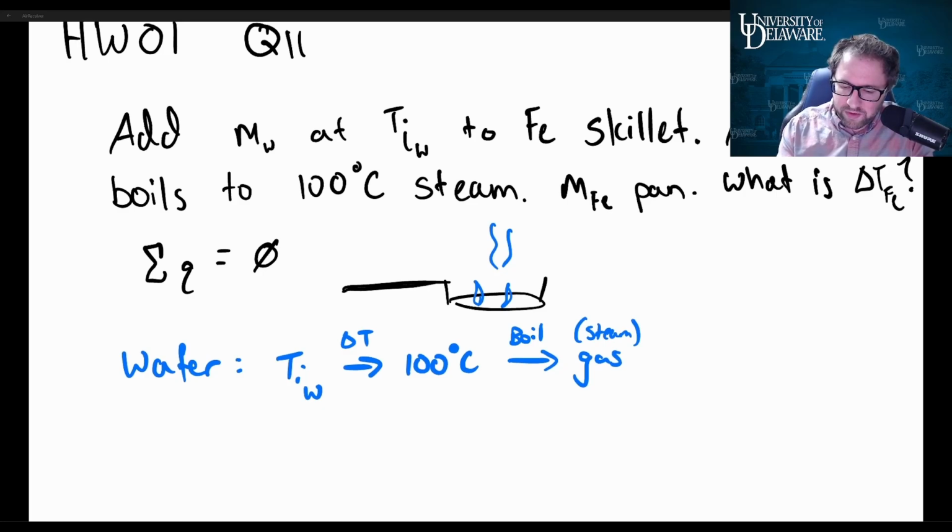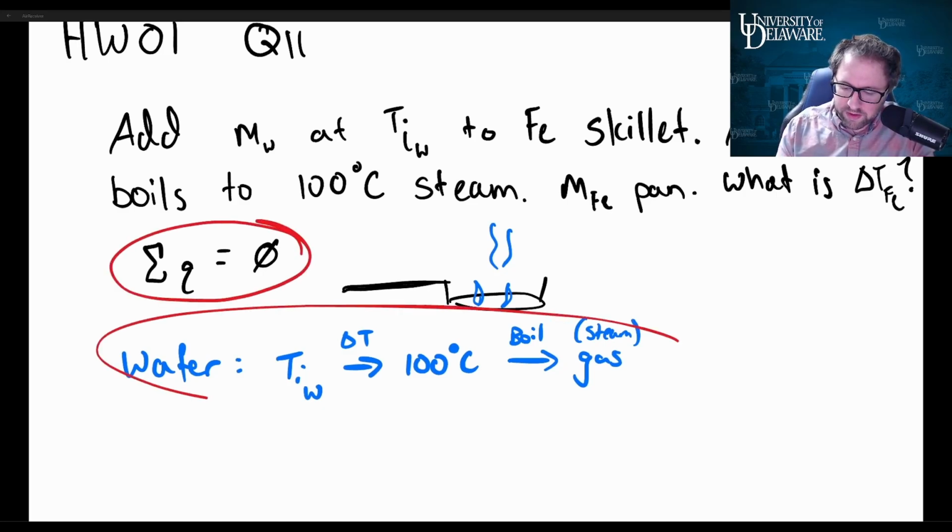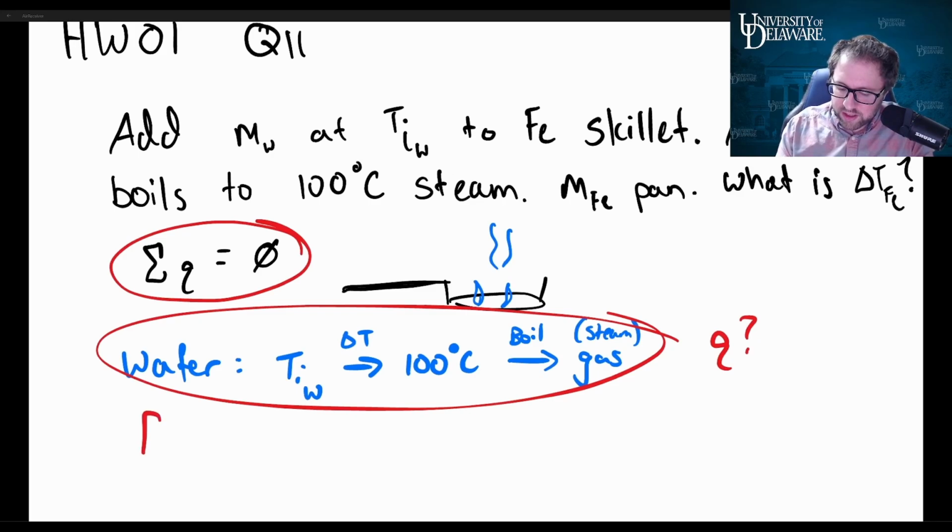So, how do we approach this? We want to think about how do we describe these heat changes? How do we describe the temperature change of the iron? So, this pan, assuming we're not adding any heat to it, which, if this is on a stove, that's probably not true.